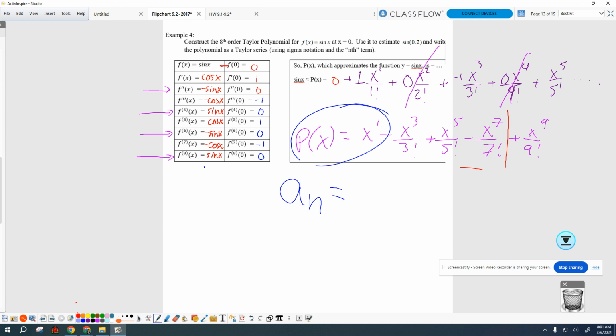Is it x to the n? I'm going to need x to the something, and -1 to the something, and whatever the exponent was, I want that factorial in the bottom. Nick? x to the 2n minus 1, so that you're getting odd, and then you put that in the denominator as well.